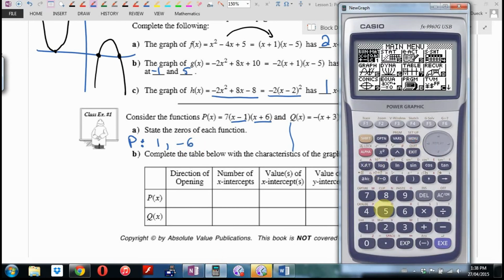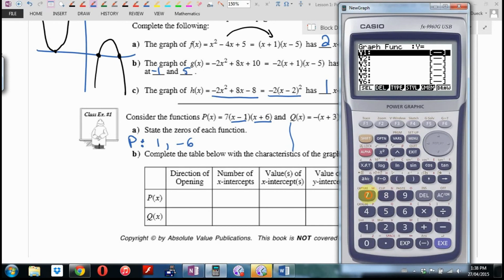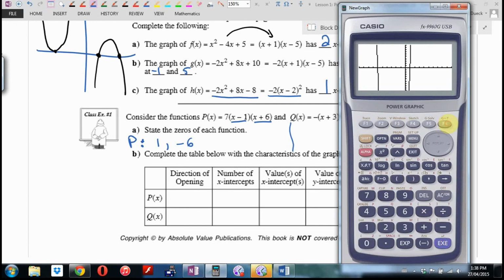Very quickly, if you don't believe me, I'll prove it to you. I'm going to graph it really, really quickly. You can graph it quick if you want, but I'm going to type it faster than most of you can. There's the function. I'm going to zoom standard, draw. Now, the vertex is clearly down here somewhere, and I don't care.